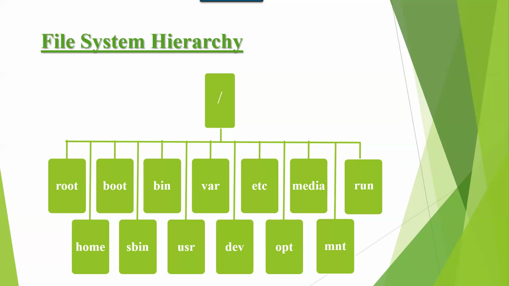As a super user, when you create any files or directories, by default the data is going to be stored under root. And the next one is home. Home is the home directory for a normal user. As a normal user, the data you create is stored under home.